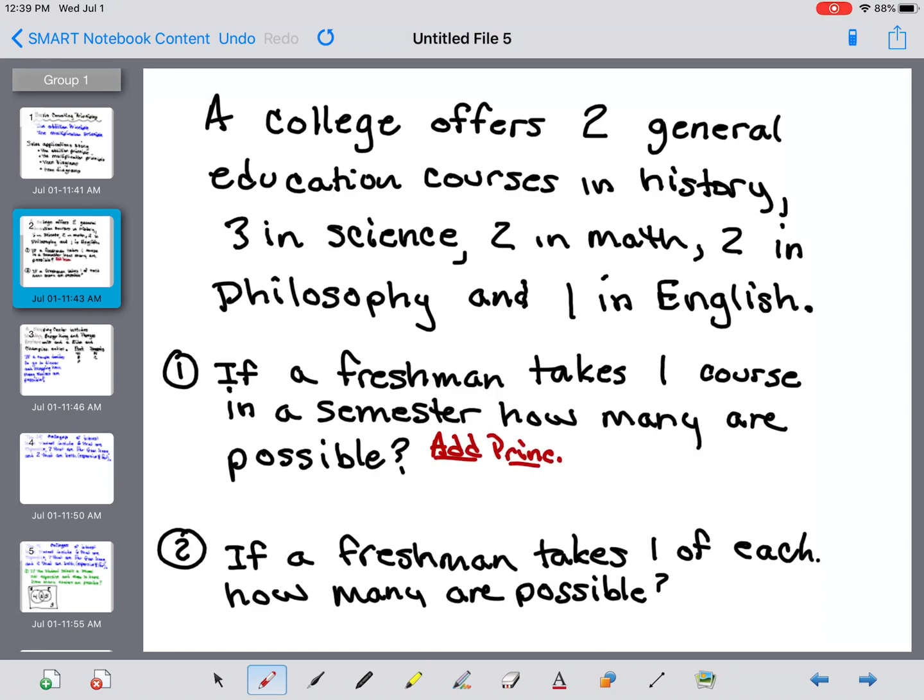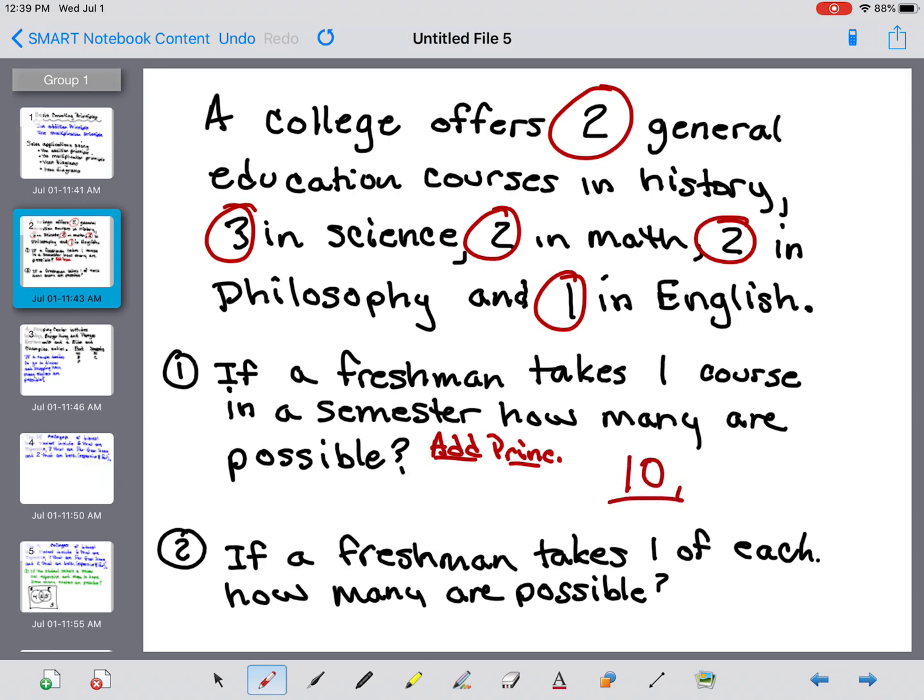We add all those together: 2 plus 3 is 5, plus 2 is 7, plus 2 is 9, plus 1 is 10. So there are 10 possible choices.